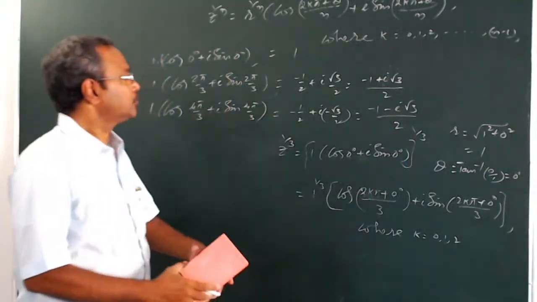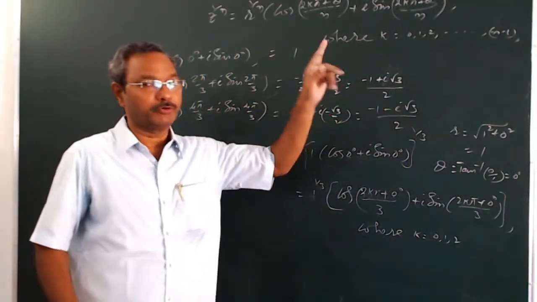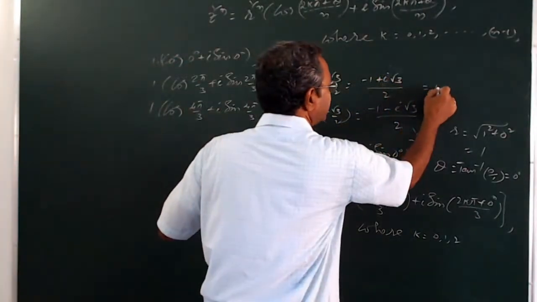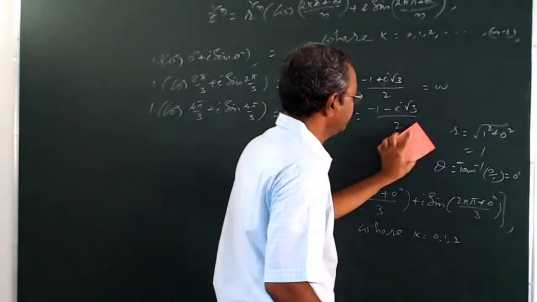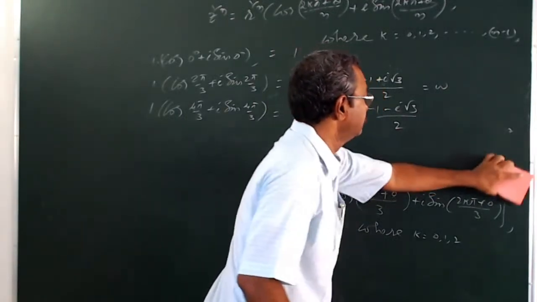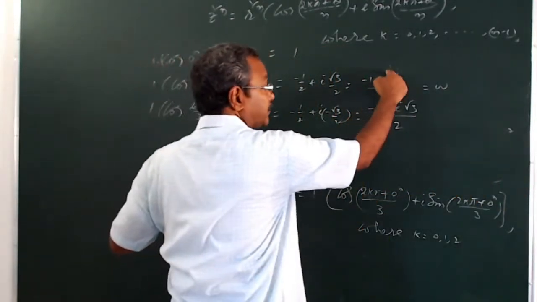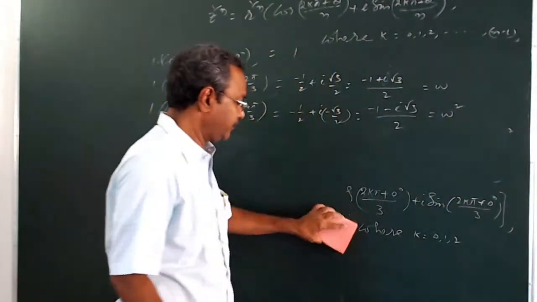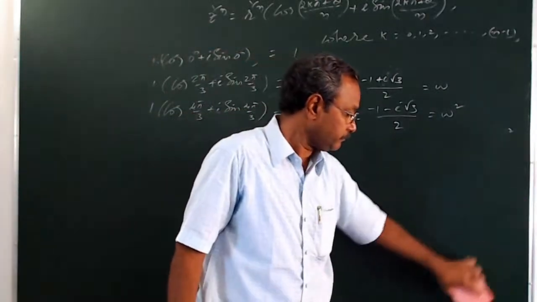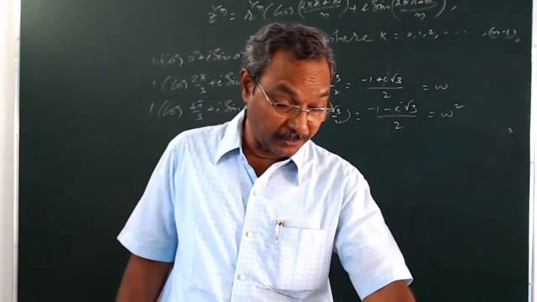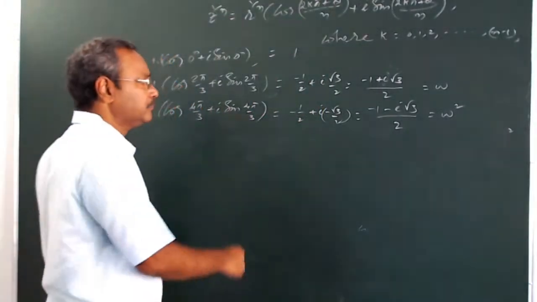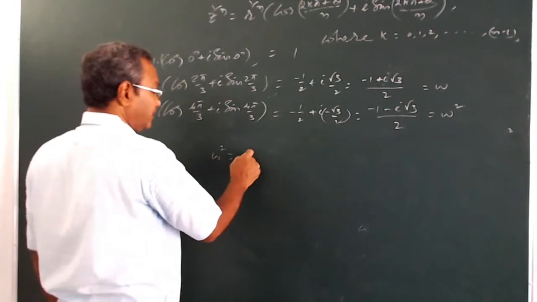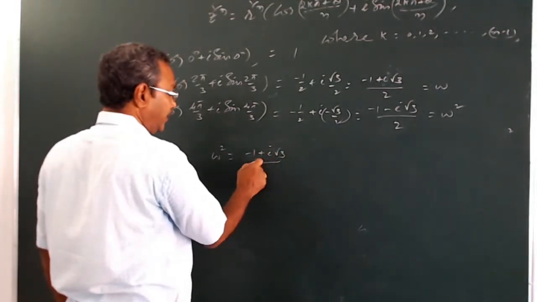So these three are the cube roots of the complex number 1. If you call this one omega, this one will automatically become omega square. Let us check. Omega square is ((minus 1 plus i root 3)/2) whole square.